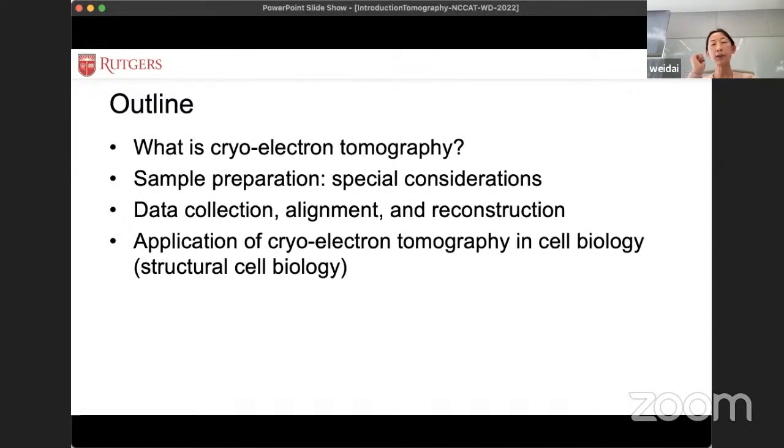And then literally you can capture the structure of the protein complex when they are performing their biological functions, for example, inside the cell. So this type of research, nowadays, people often call it structural cell biology.